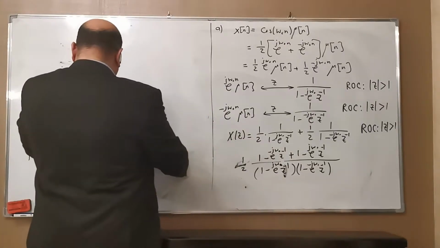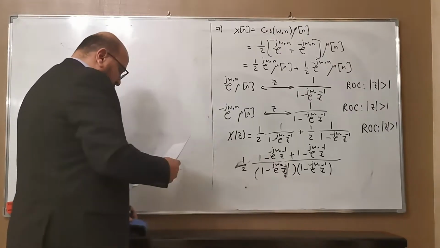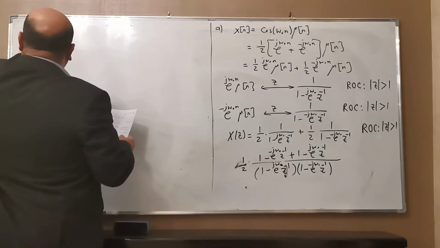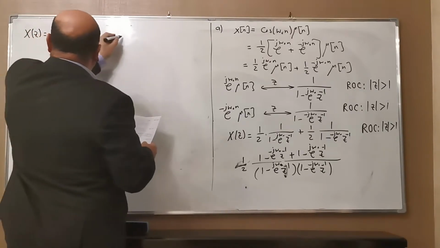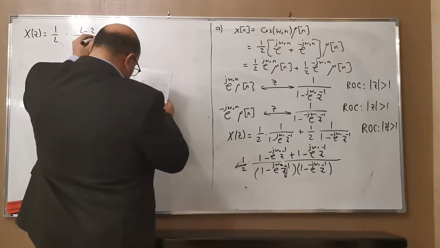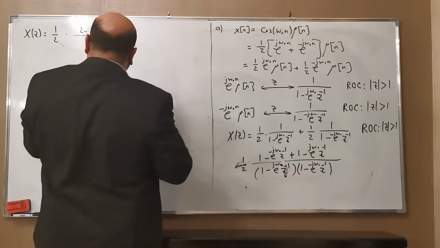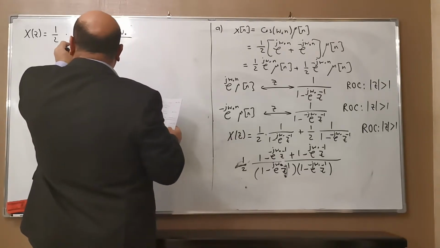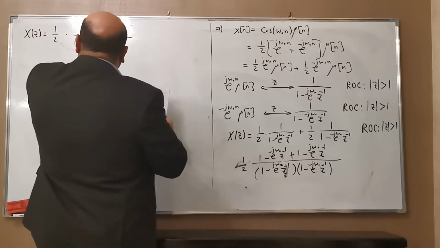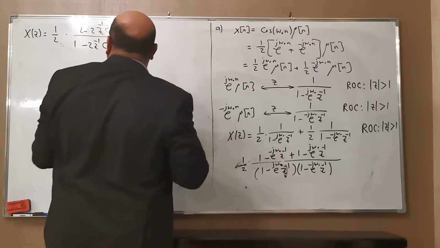I'm using the Euler formula for complex quantities, we can have X of z equals 1/2, and here in the numerator you have 2 minus 2 z inverse cosine omega 0 over 1 minus 2 z inverse cosine omega 0 plus z to the minus 2.